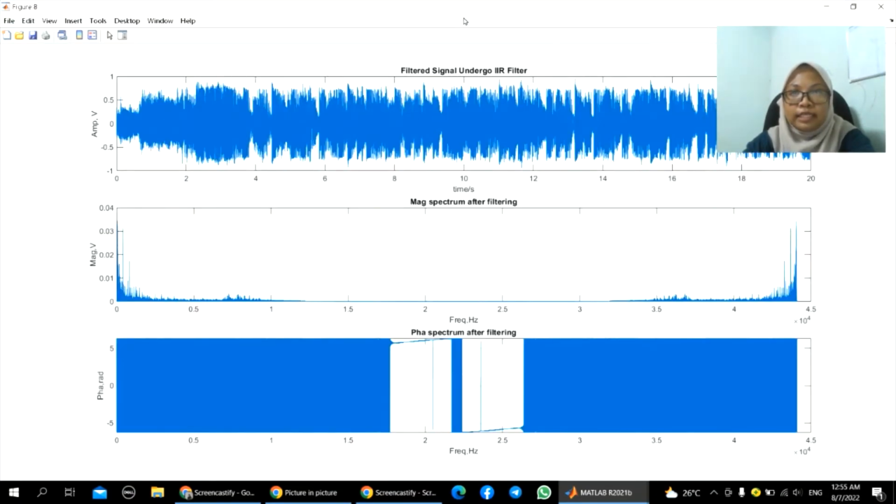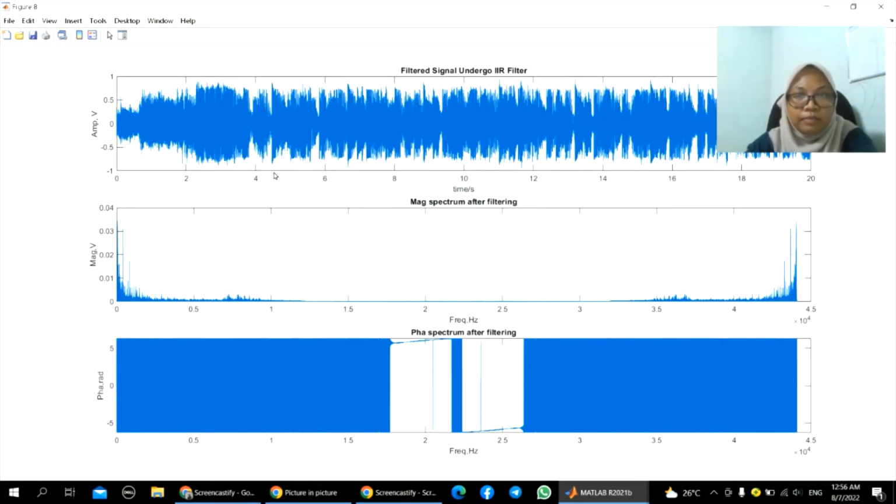After we filter the noise, we can hear the sound very clearly without interruption from the noise. This is the filtered signal for the IIR filter. You can see the amplitude is below 1. I think the highest is 0.8, and the waveform is less compact.